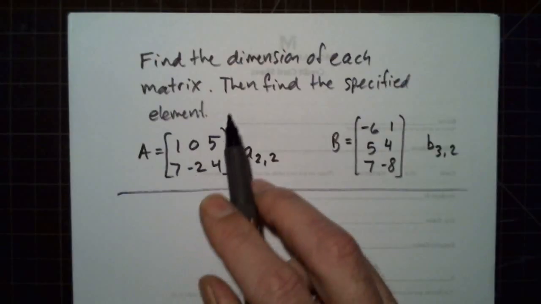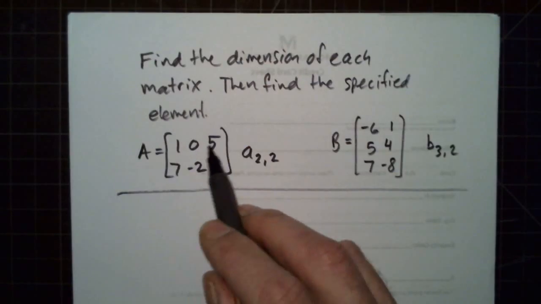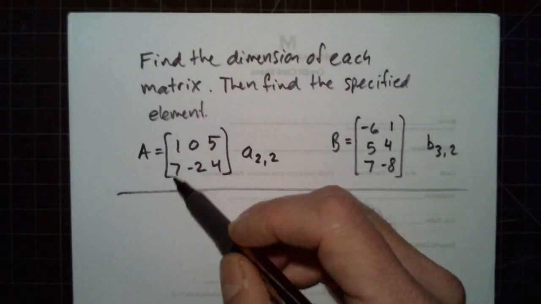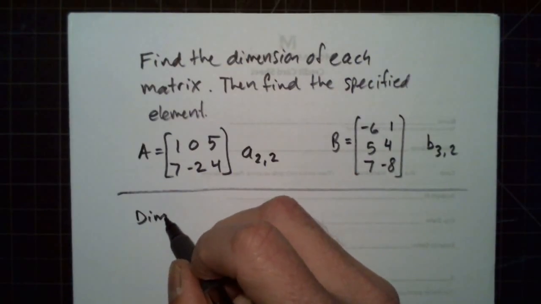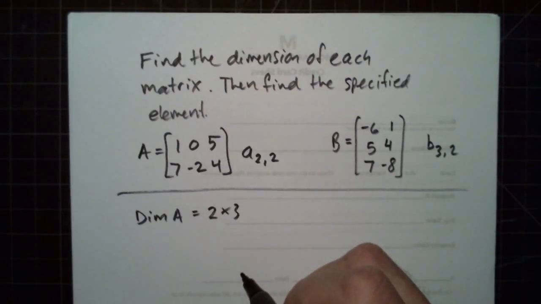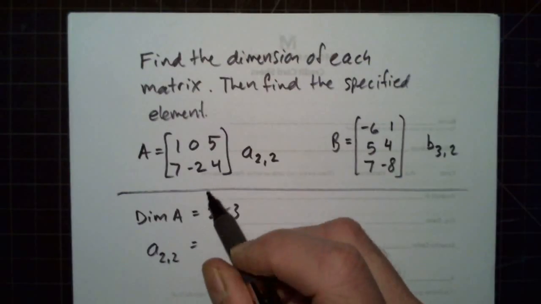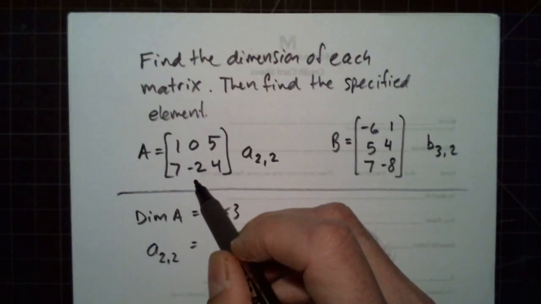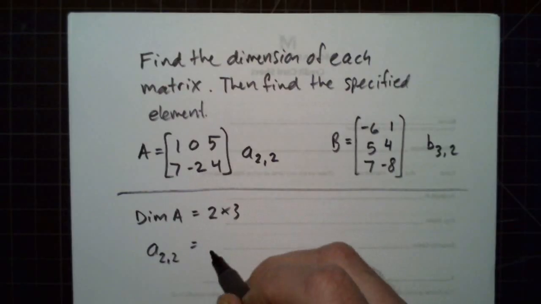So here the dimension of this matrix is going to be 2 by 3, 2 rows by 3 columns. So the dimension of A is 2 by 3, and element A22 is row 2, column 2, so it's right there.